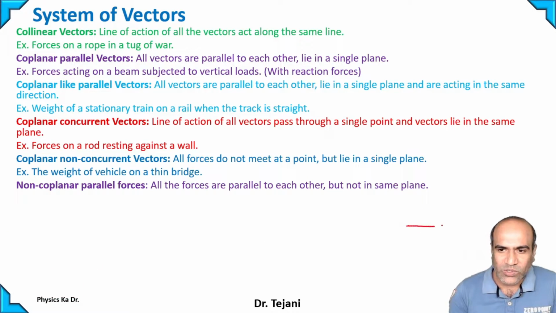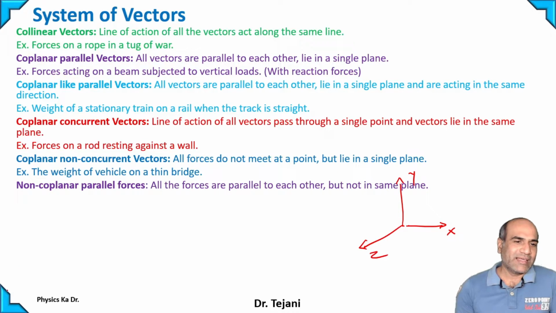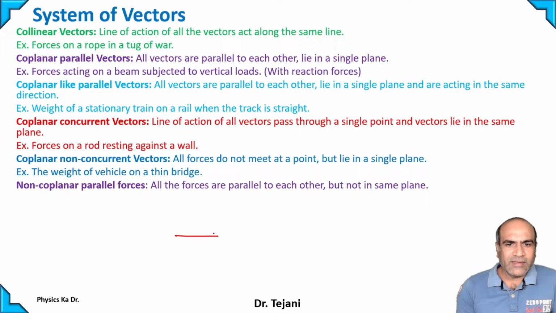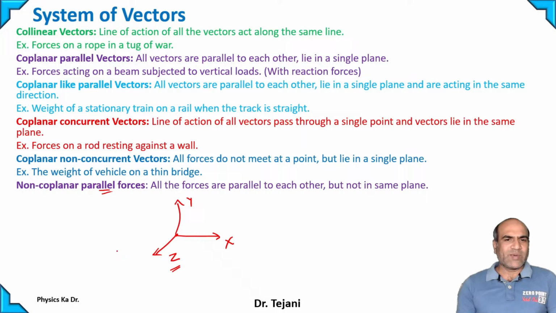That means loads are not just associated with X and Y, but also with Z. Again, non-coplanar: X, Y not sufficient, it is with the Z also. And parallel, that we understand, right?